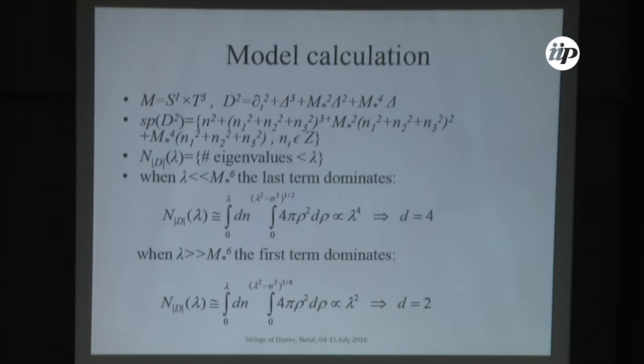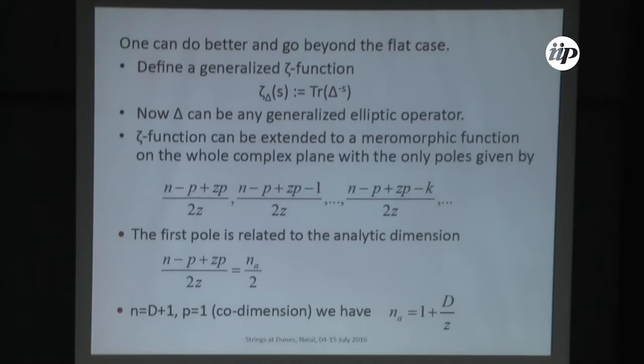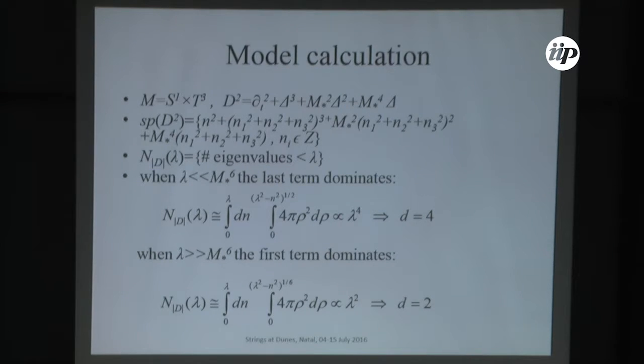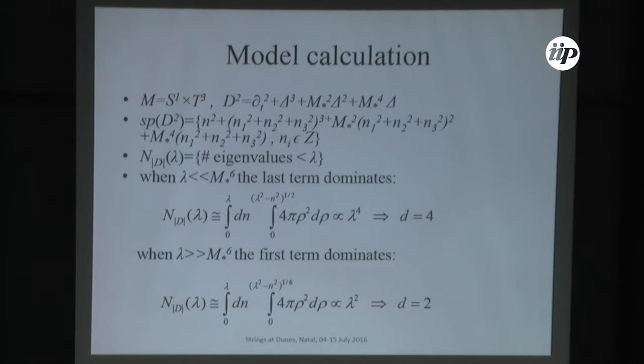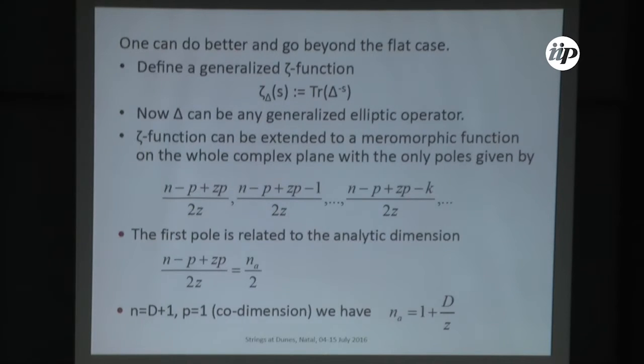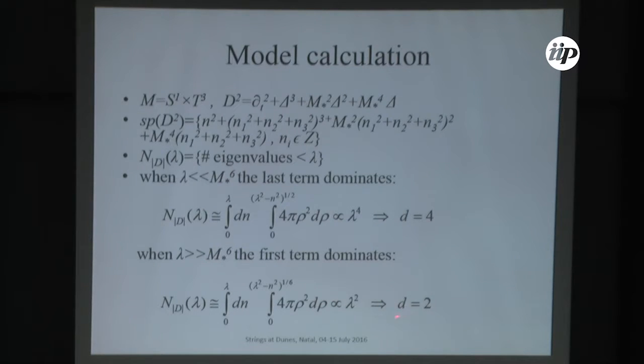But you can actually do the calculation for this case, and you really can show that in the infrared, meaning that the cutoff is below the scale introduced by the coefficients here, if this cutoff is well below this scale, the spectrum will grow as for a 4-dimensional Dirac operator. If the scale is well above, the spectrum will start looking more and more like 2-dimensional.